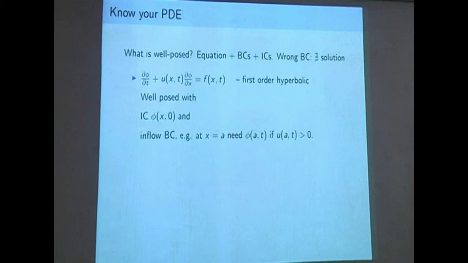And again, at the two ends you have to say something. You might want to say the value or its derivative at both ends, because you've got information propagating in from both. This equation propagates information in both directions at a velocity c.